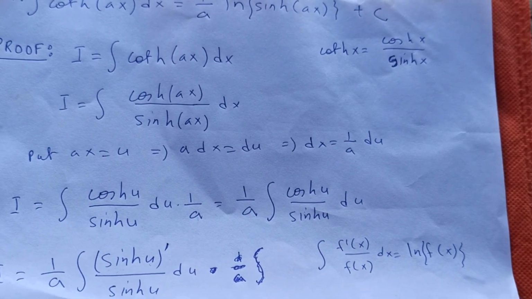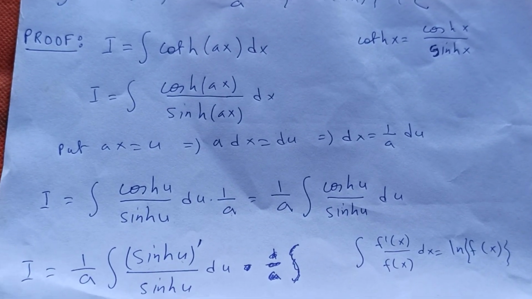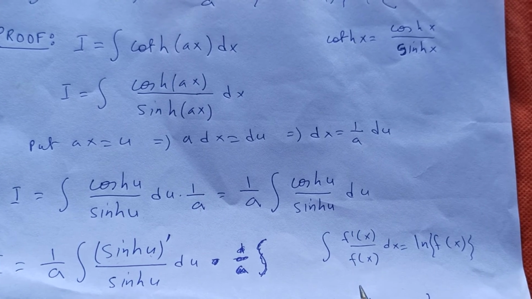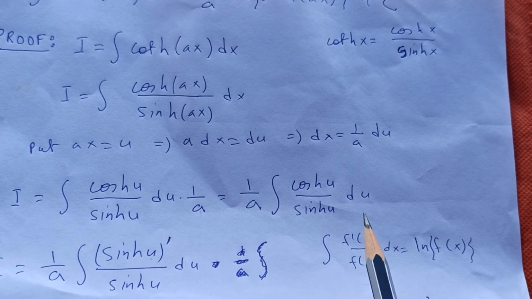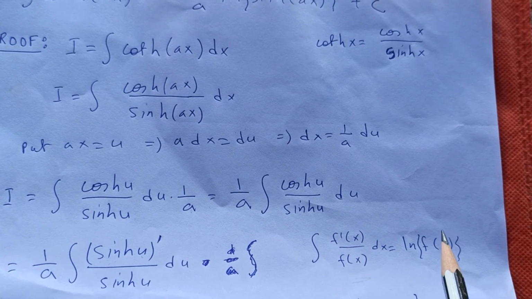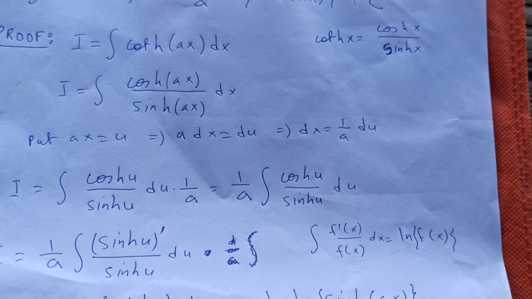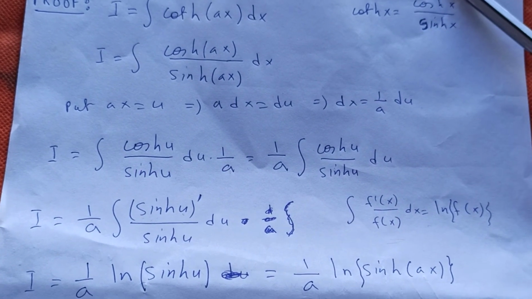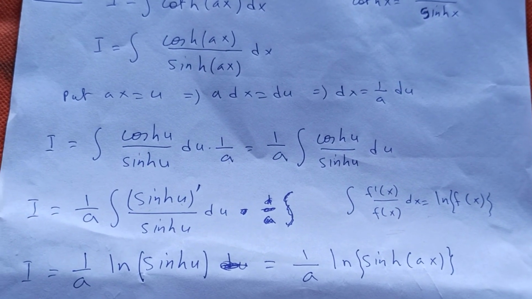Now from the technique of integration, if you integrate a function whose derivative is in the numerator, then you'll get natural log of f of x. So I is going to be 1 upon a natural log of sine hyperbolic of u.